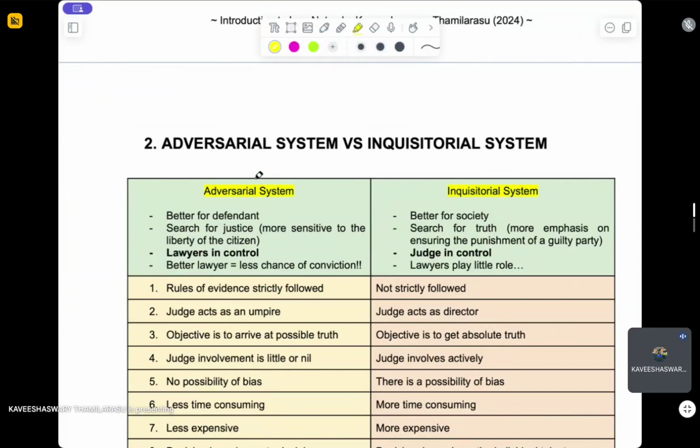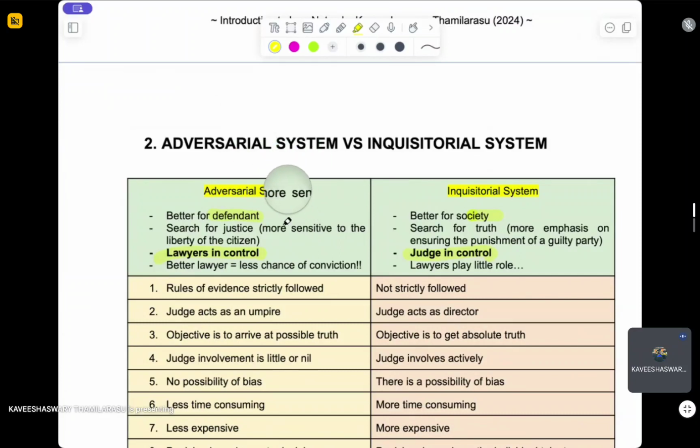So the main difference is that in the adversarial system, the lawyers are in control, while in the inquisitorial system, the judge is in control. So the difference basically means that in the adversarial system, it is so much better for the defendant to be involved in the system, and the inquisitorial system is for the society. Why?